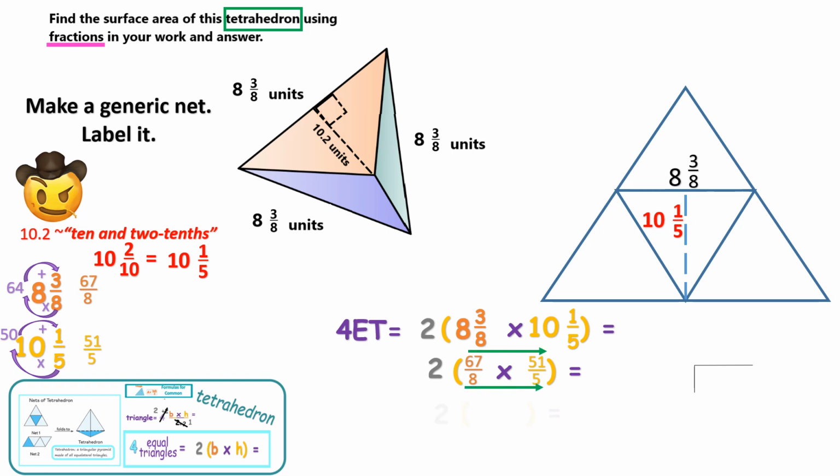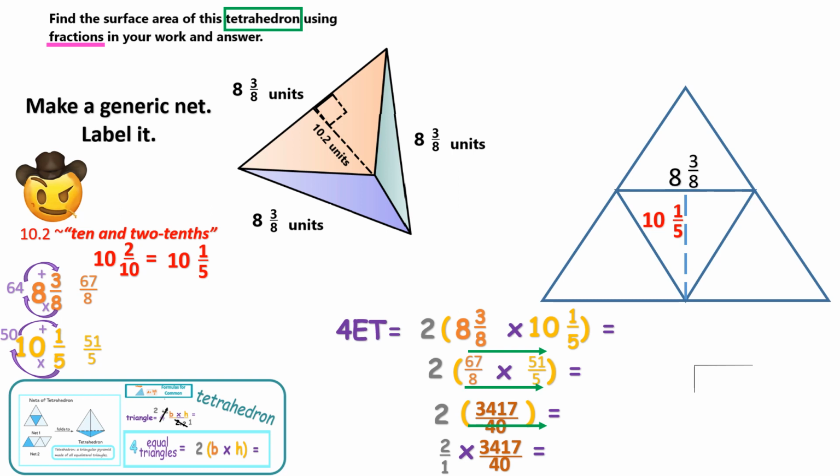How do I do it? I multiply across. When I do that, I get a really big number, right? 3,417 over 40. Now I have to multiply those. But now I have the 2, and I have to make it an improper fraction, and I have 3,417 over 40 times the 2 over 1.